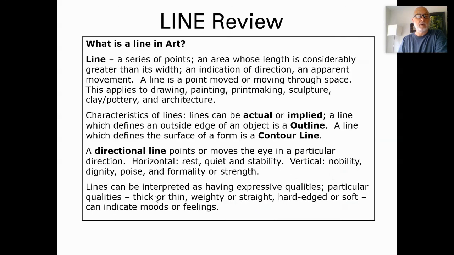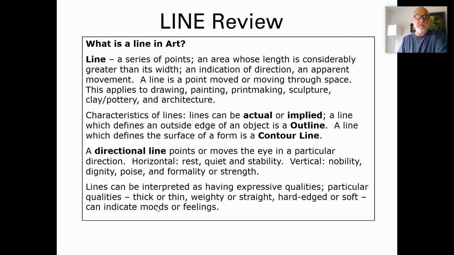So in review, a line is a series of points, an area whose length is greater than its width, an indication of direction, and apparent movement. A line is a point moved or moving through space, and this applies to drawing, painting, printmaking, sculpture, clay, pottery, architecture, nature.